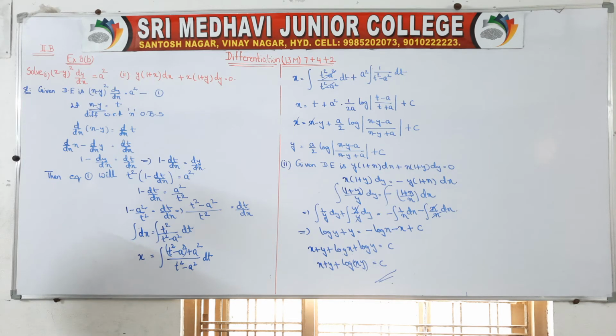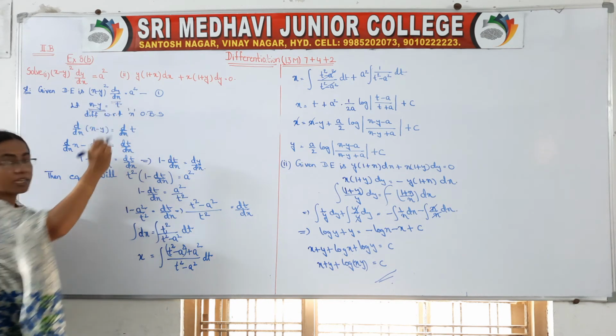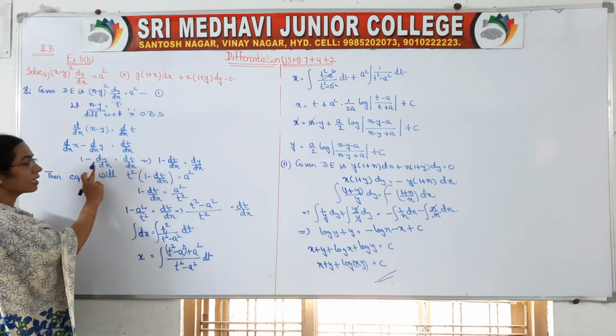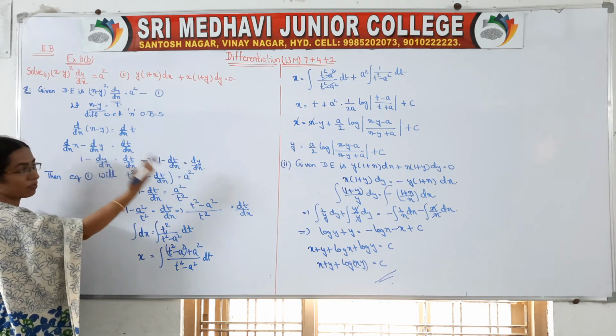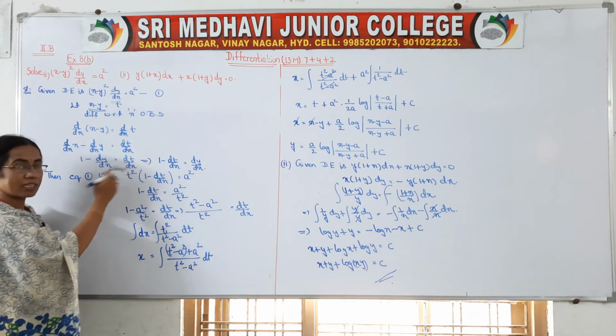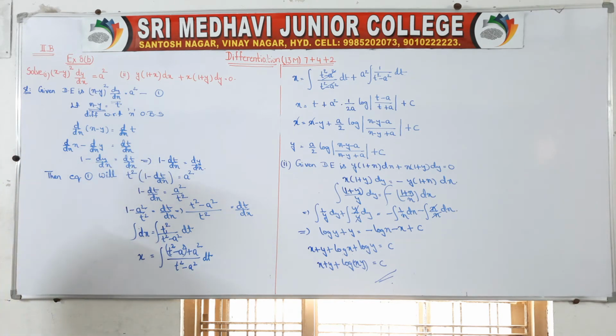So if we take the equation number 1, there we are having dy by dx. We want dy by dx value. So for that sake, our dy by dx here is negative. So send this dy by dx the other side, right side, so that it becomes positive, and bring this dt by dx this side. So 1 minus dt by dx is equal to dy by dx.